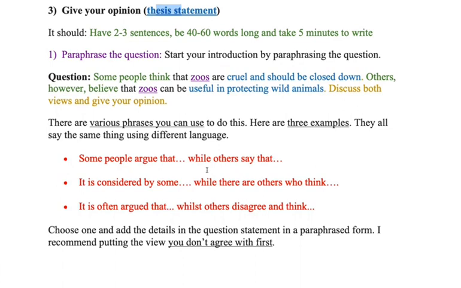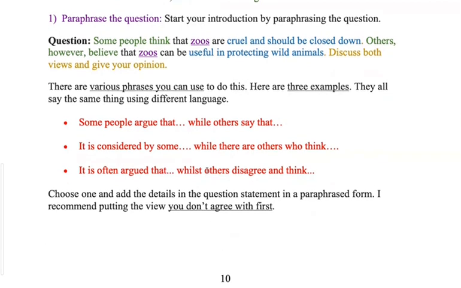I mean, there are lots of different phrases, but these are just three phrases as examples. Choose one and add the details in the question statement, in a paraphrase form. I recommend putting the view you don't agree with first, as I mentioned earlier.